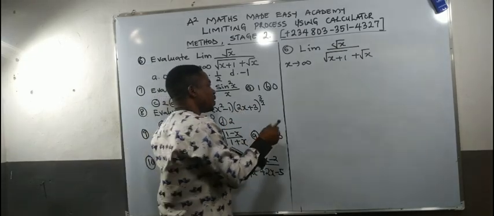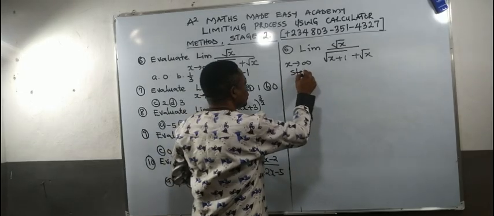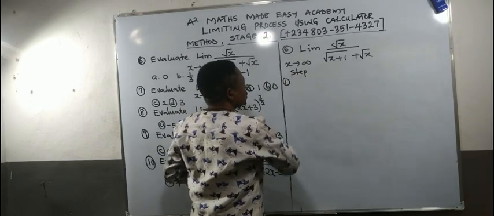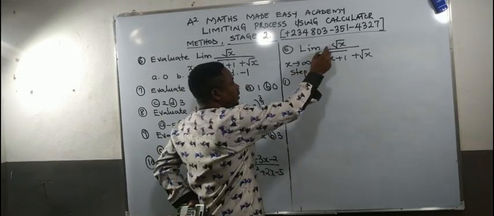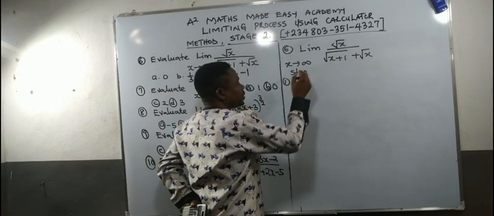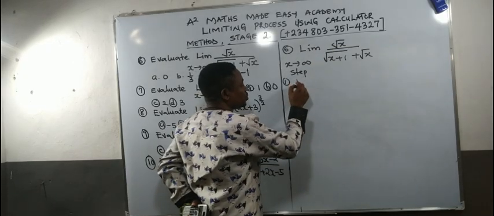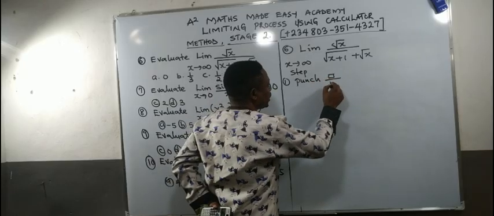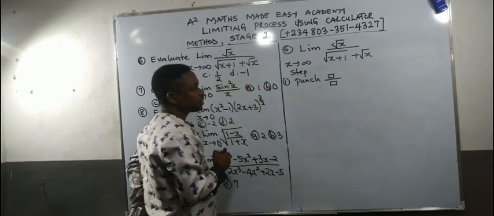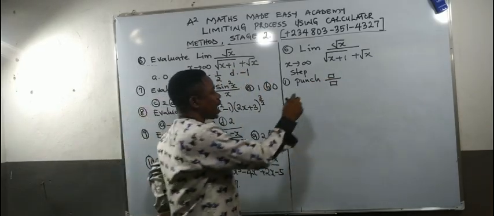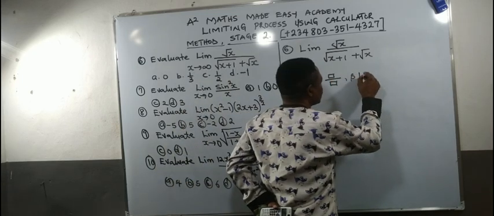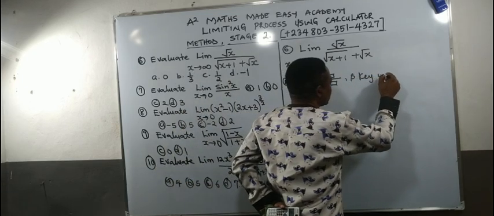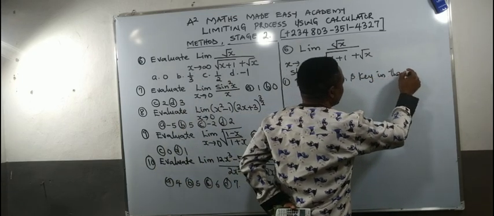Now, the first step is that the question comprises the numerator and the denominator. So what you are going to do is to punch the numerator and the denominator. That's the first thing. And Q in the value.